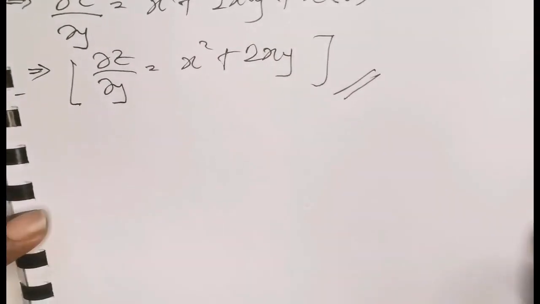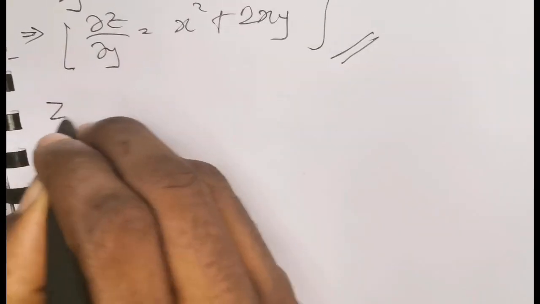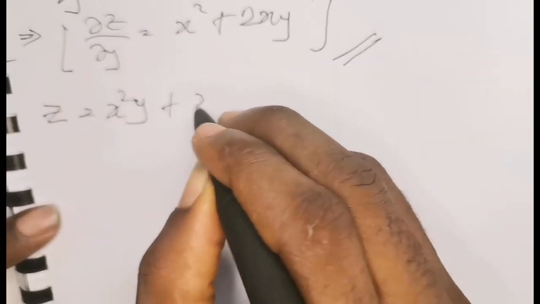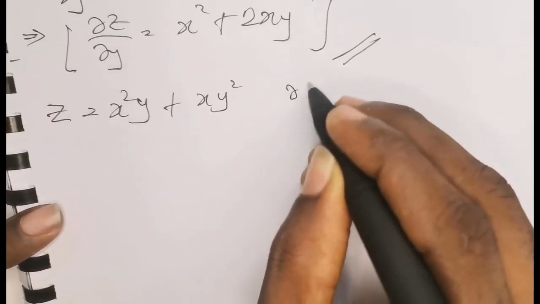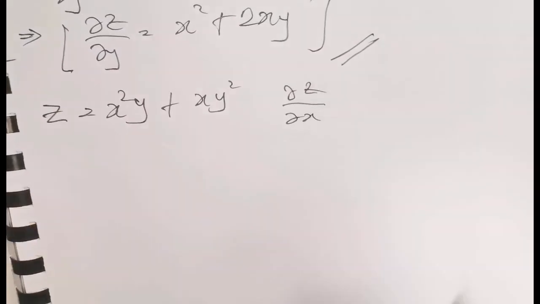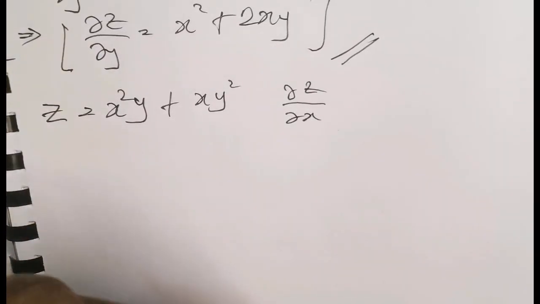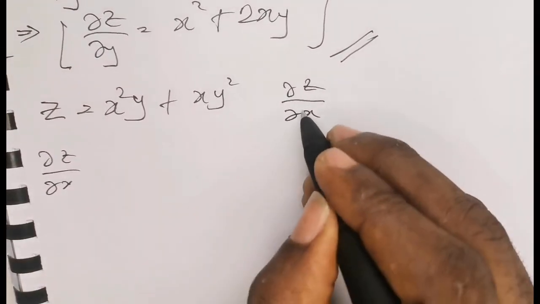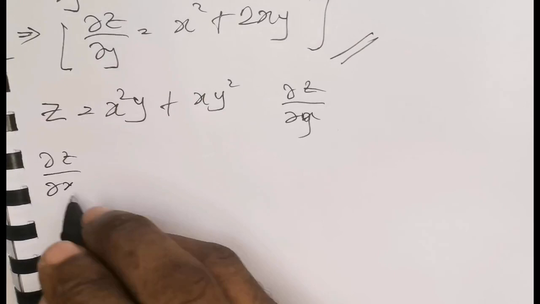I have that z is equal to x squared y plus xy squared, and I'm asked to find the partial derivative of z with respect to y.